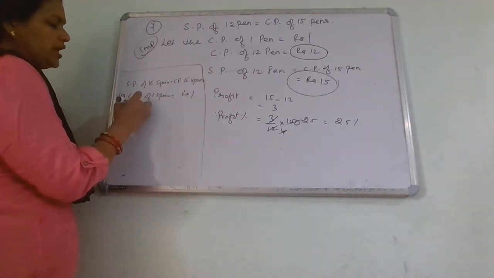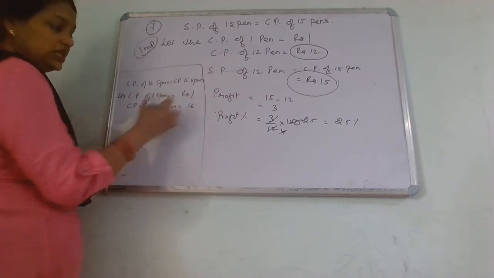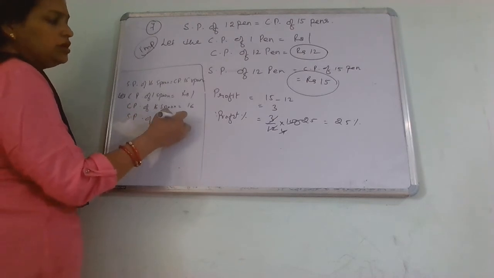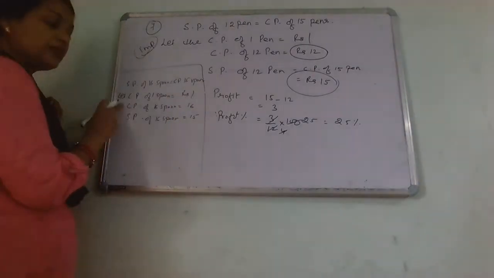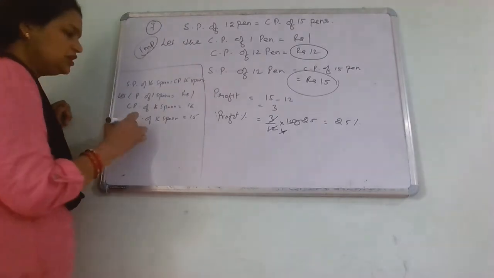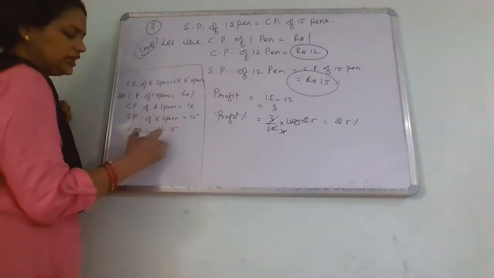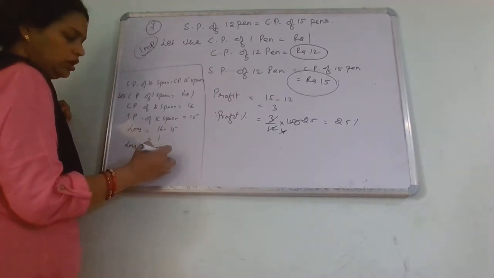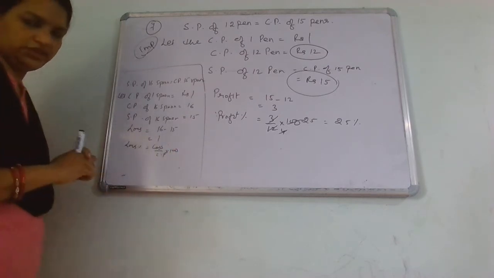So cost price of 16 spoon is 16. Selling price of 16 spoon is equal to cost price of 15 spoons. So this is equal to 15. Now this time CP is greater and SP is smaller, so obviously we will be having loss. So what is the loss? Equal to 16 minus 15, that is equal to 1. So loss percent is equal to loss by CP into 100. Right?